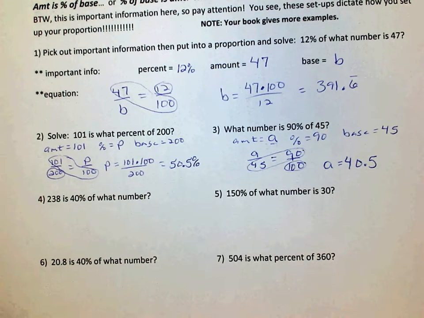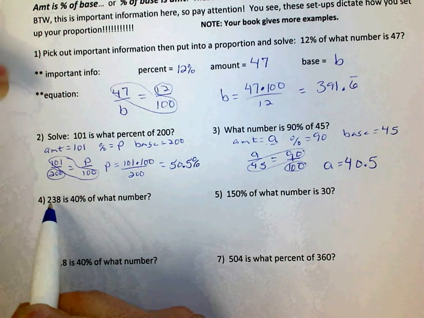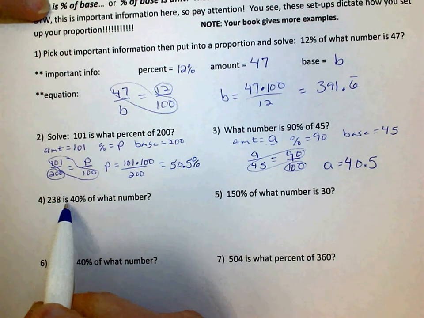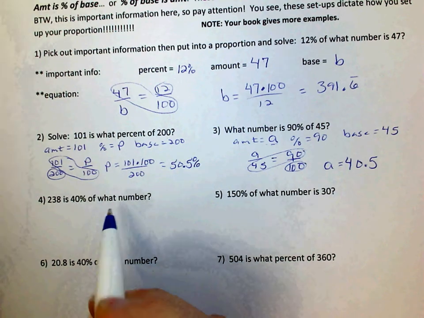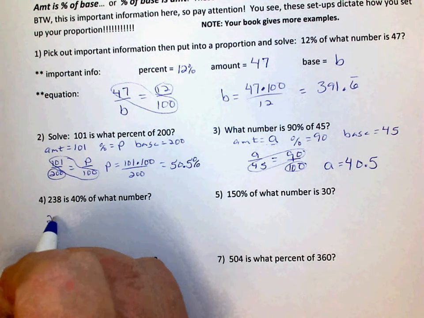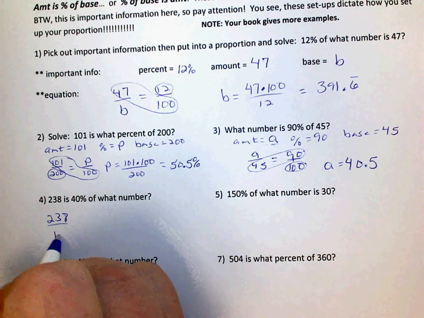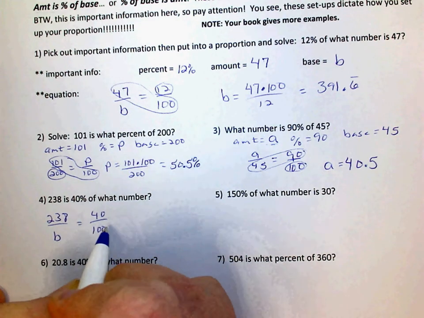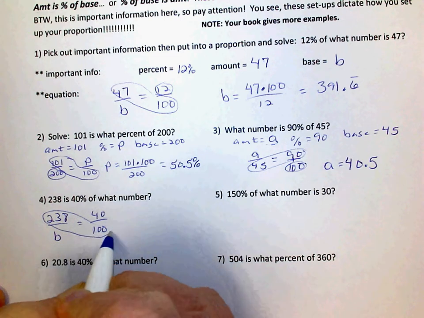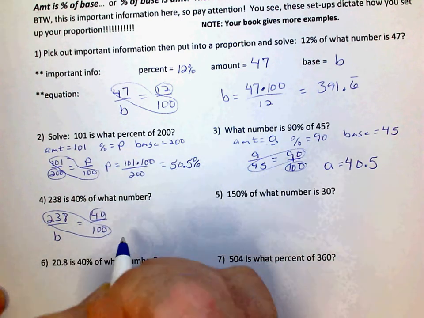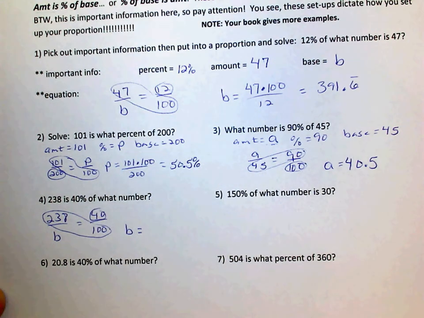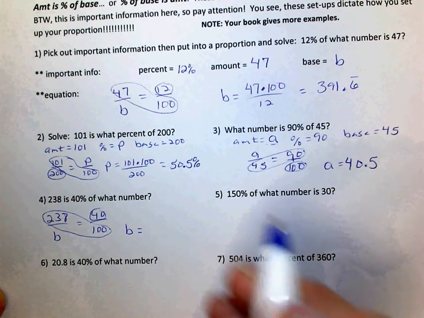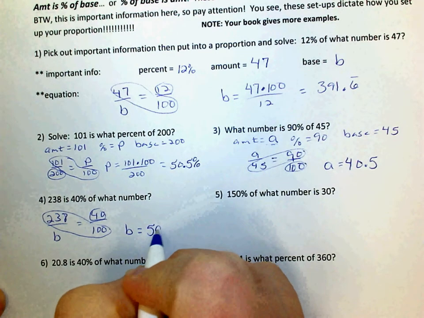Now, number 4. Amount is percent of base. So amount is 238. We don't have our base. Equals 40 over 100. Multiply by these two, divide by this one. So 238 times 100, divide by 40. And B is 595.